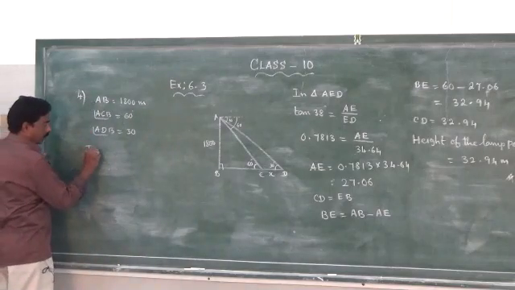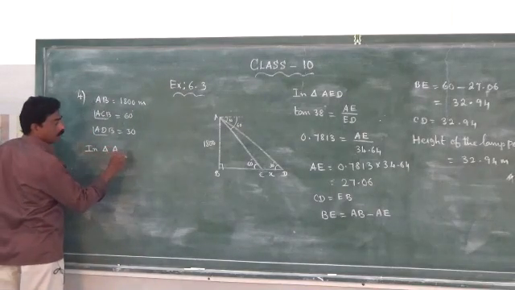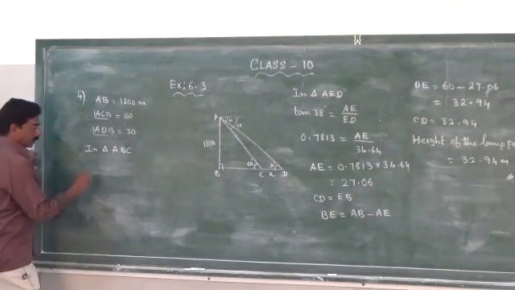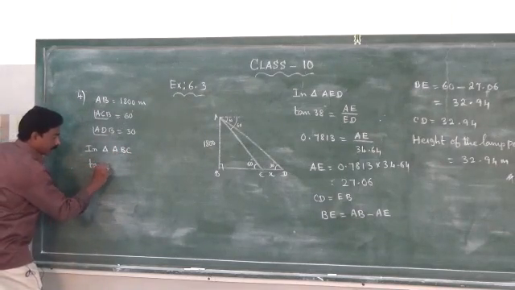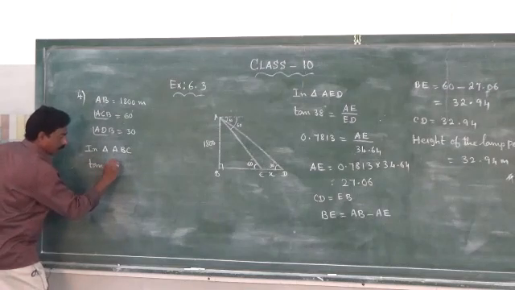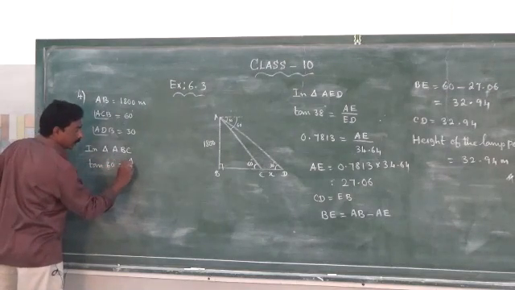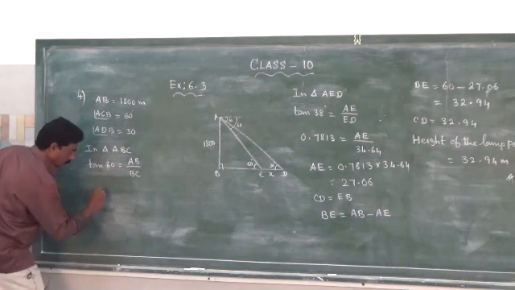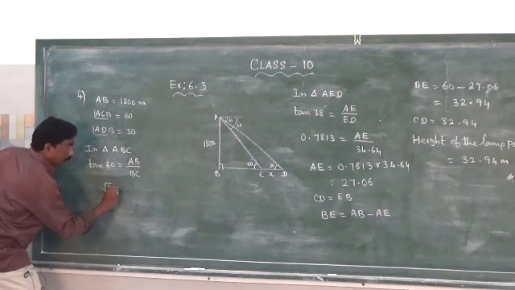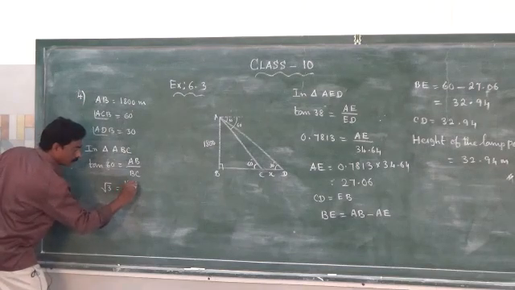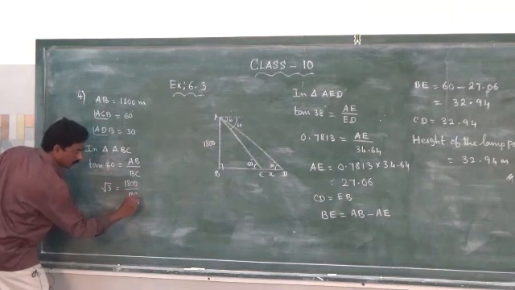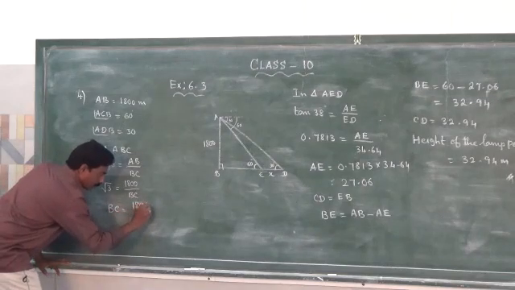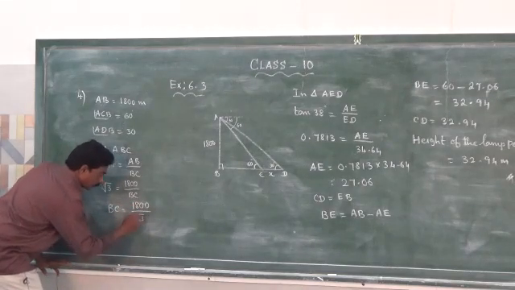So in triangle ABC, tan 60 equal to opposite AB by adjacent BC. Root 3, AB is 1800 by BC. So BC equal to 1800 by root 3.